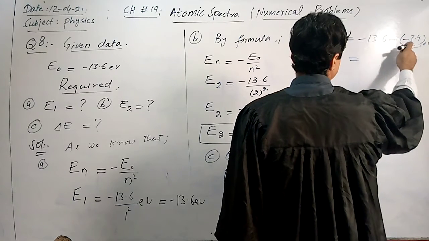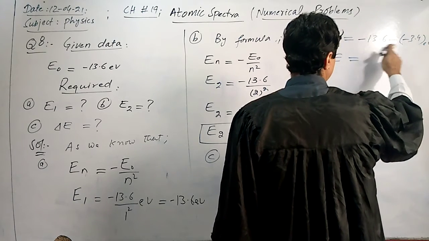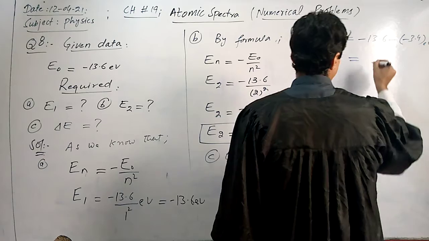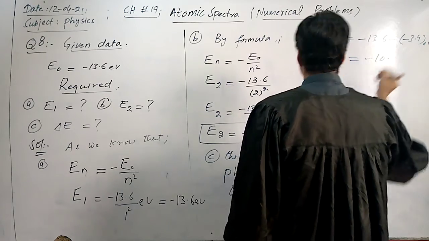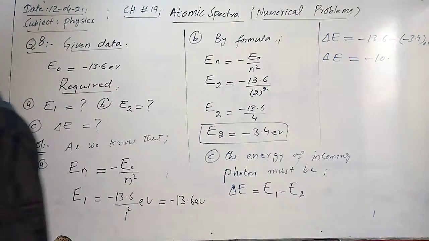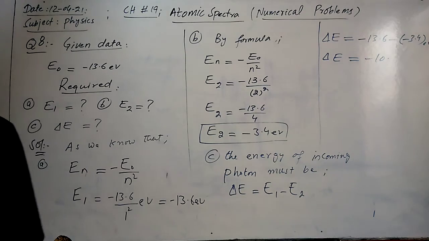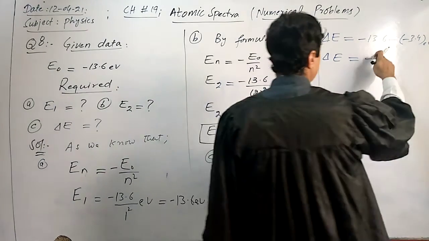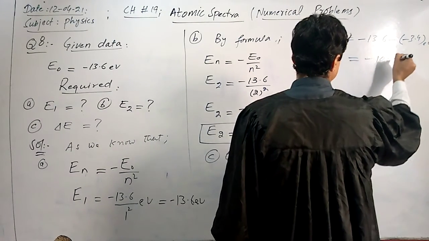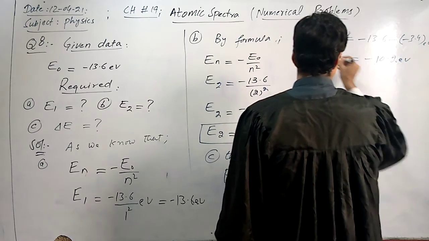This minus becomes positive, so we get minus 13.6 plus 3.4. We get minus 10.2 electron volt. The energy of the incoming photon will be minus 10.2 electron volt.